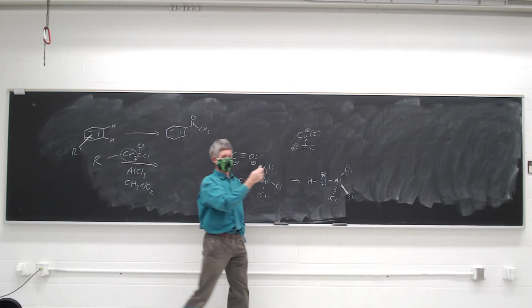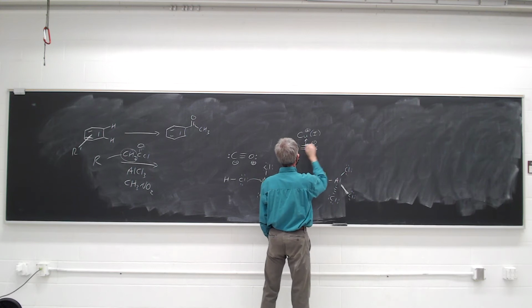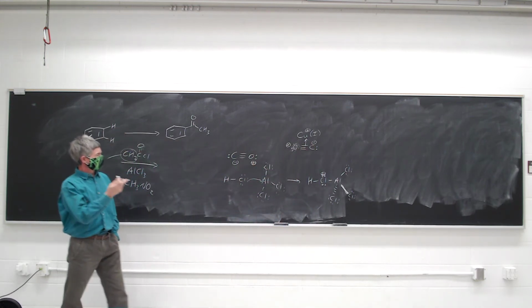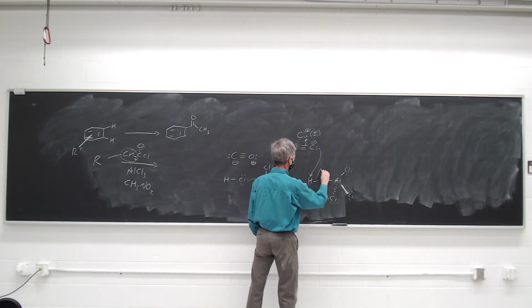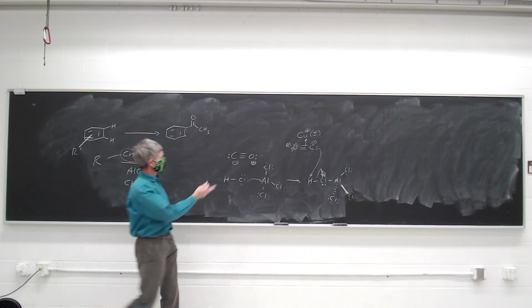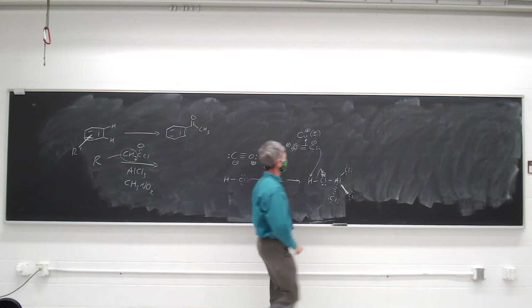So we have that triple bond kind of complexed to the copper, and this carbon can then attack that hydrogen, moving out the tetrachloroaluminate and generate HCO plus.